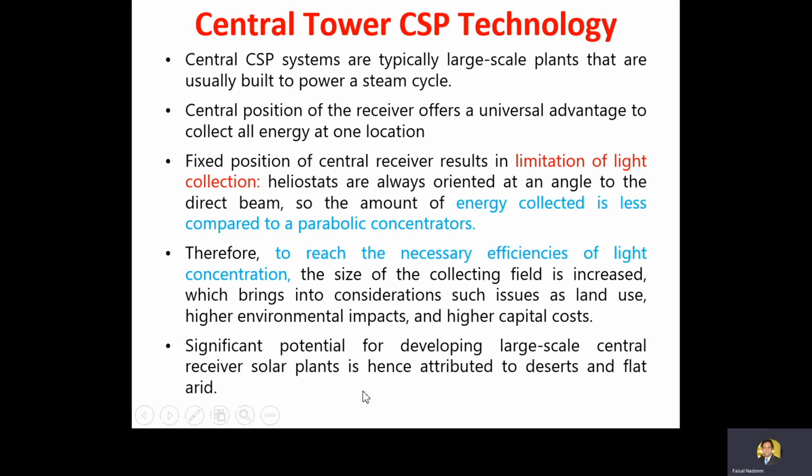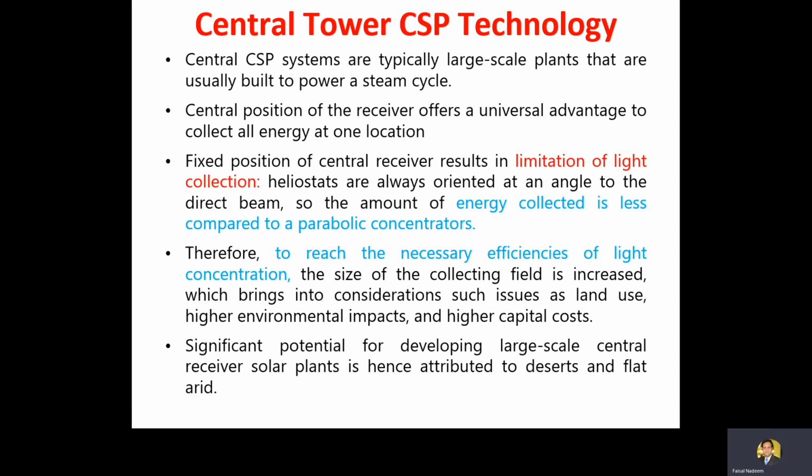Significant potential for developing large-scale central receiver plants is hence attributed to this, because first of all, they need a large amount of land. Furthermore, due to the land use, there are some environmental impacts and higher costs involved.